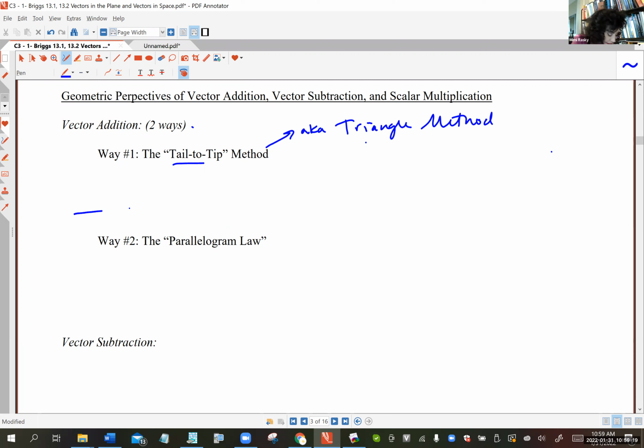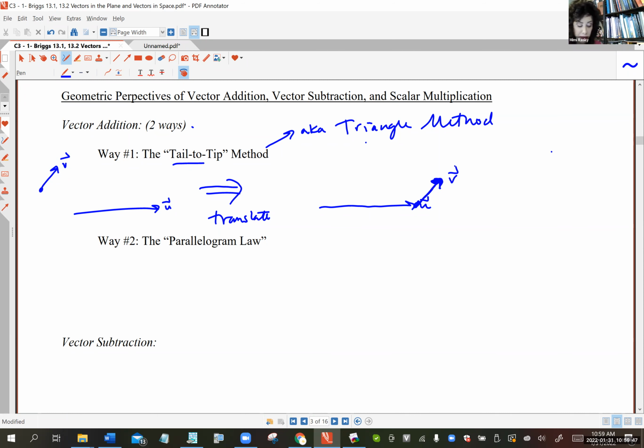Suppose you had a vector u, there's u, and some other vector v over here, way over there. How would you add these two together? If you're going to use the triangle method, what you do is you translate the v vector. So I'm just going to copy down the u vector, and I'm going to move the v vector so that he's still pointing in the same direction and still maintaining his same length, but I want his tail to be sitting on top of the tip of u.